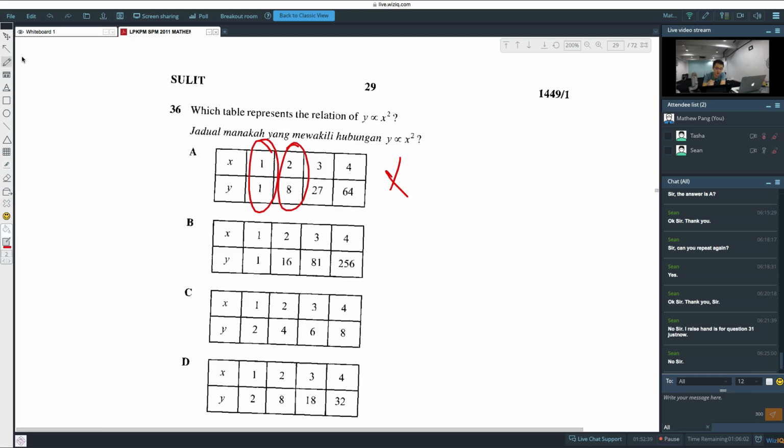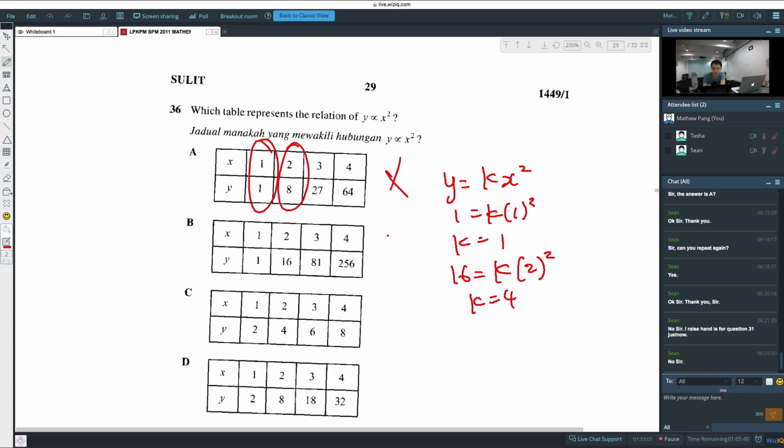Then we move on to the second one. If y equals kx squared, for 1, 1, just now we tried already, k equals 1. This one, when y equals 16, x equals 2, you will get 4, k equals 4. So it's wrong, it's not constant. Then you will continue until you get a constant value of k.